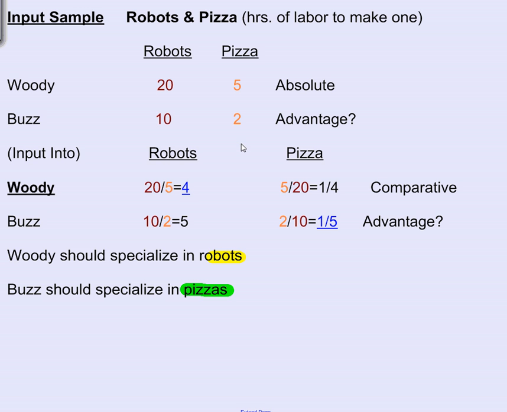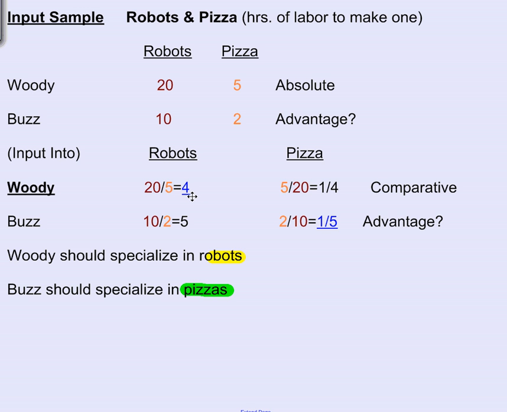Now, because it's an input problem, when we calculate the opportunity cost, we are going to put this number into, so like I want to calculate the opportunity cost for Woody of making a robot. So I'm going to take the 5 hours to make the pizza and divide it into the 20 hours to make the robot. 20 divided by 5 is 4.